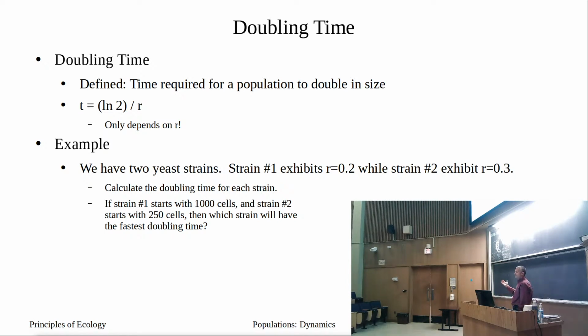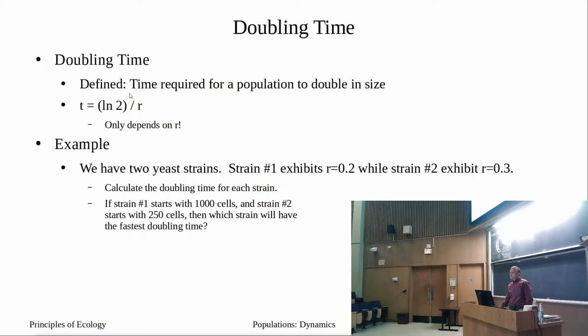Example, beer. Beer needs yeast. We can predict how long it's going to take us to get to a specific population size so that now we can add the yeast to our actual wort and start fermenting. So how do we calculate doubling time? Doubling time is calculated as the natural log of 2 divided by r.